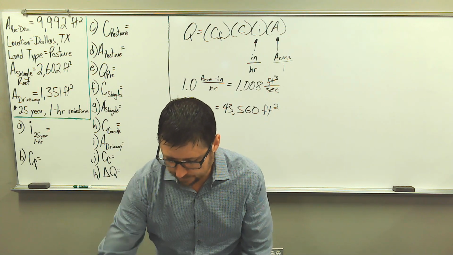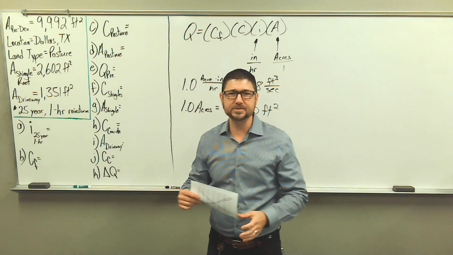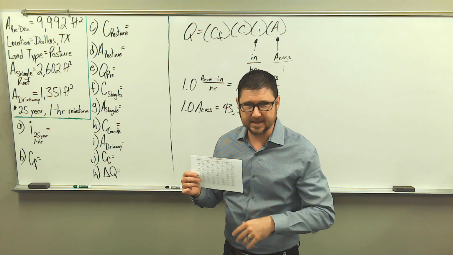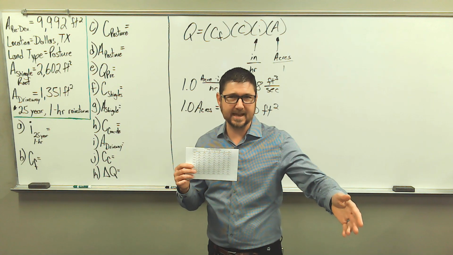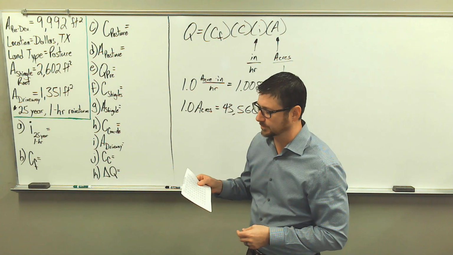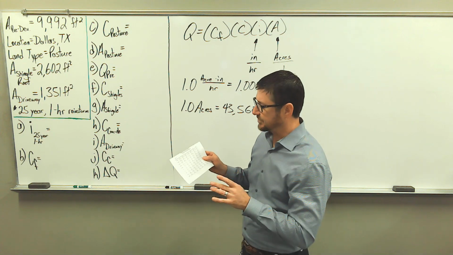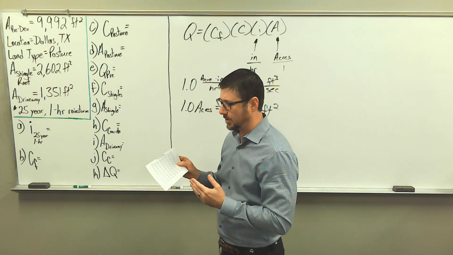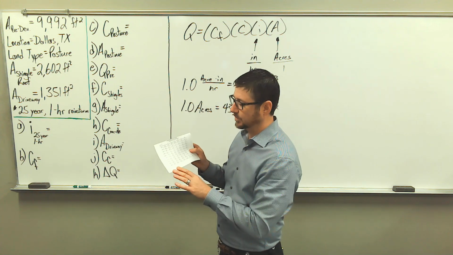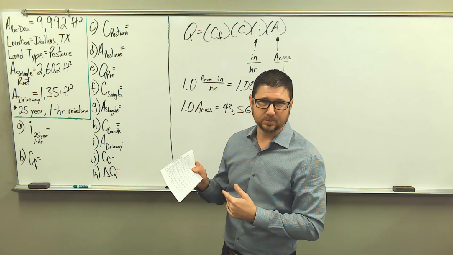We're going to use the NOAA table for Dallas County, Texas, which I've provided to you in Canvas and given to you in class. We are going to look at the intersection of the row and column. We take the 1-hour row, which in this NOAA table is 60 minutes.